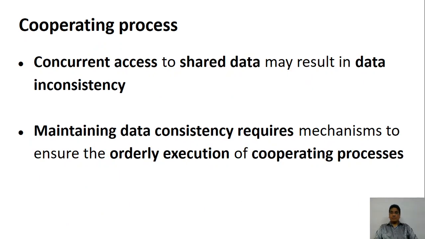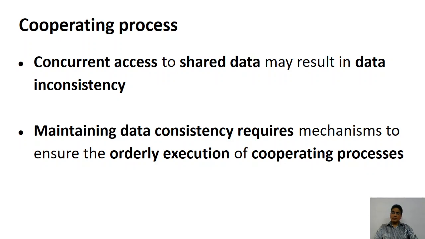Now there is a problem when we have shared space or shared memory. Whenever we share data between two processes, it can lead to inconsistency unless we are careful about how the updates are carried out.